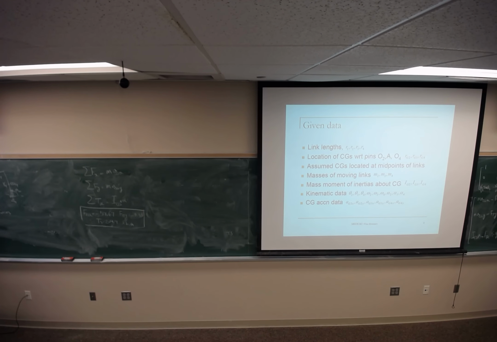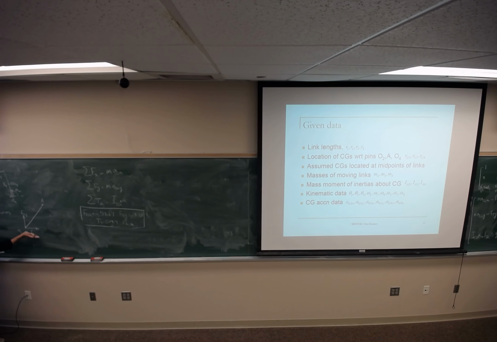At point O2, if this is link O2A, there is some force coming from the ground applied to link 2. I labeled that F12x and F12y: the force coming from link 1 applied to link 2 in x direction, and in y direction.